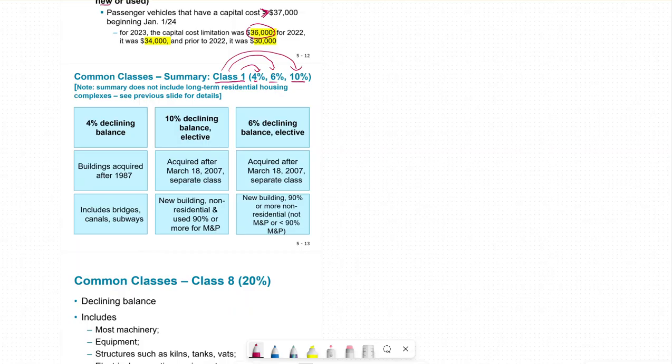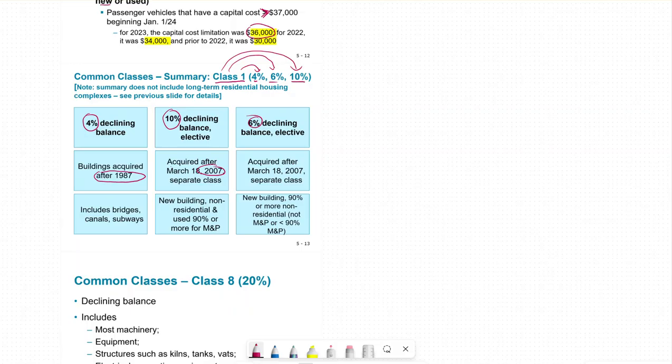The way to do it is to look at when this building was acquired: is it after 1987, or after 2007? These are the rates that we are allowed to take CCA at. If you go to the back of your chapter, you will know what applies.